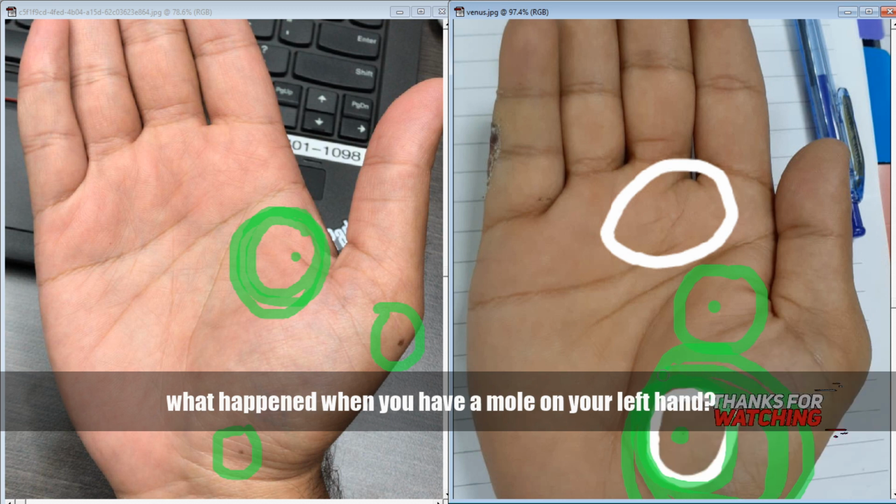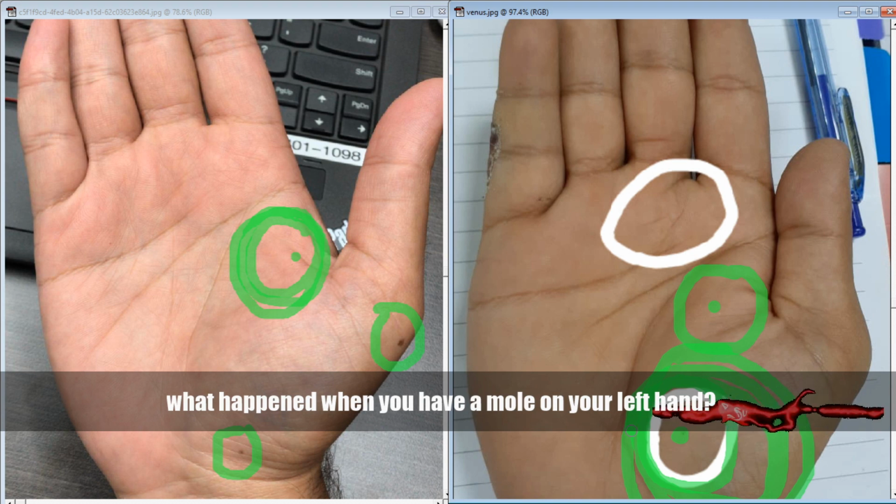Venus is the area of your desires. Venus is basically the area of your sexuality. Venus is also the area of the fuel within you. So if a mole is present, probably these things are going to play out in a much more important way in your life, and it has a very special significance.